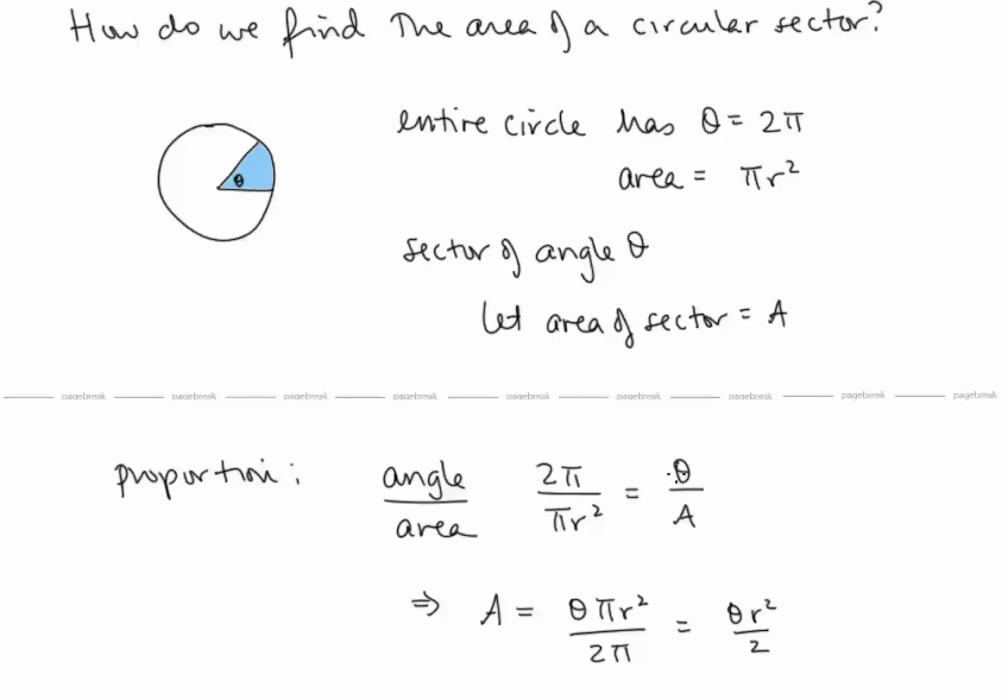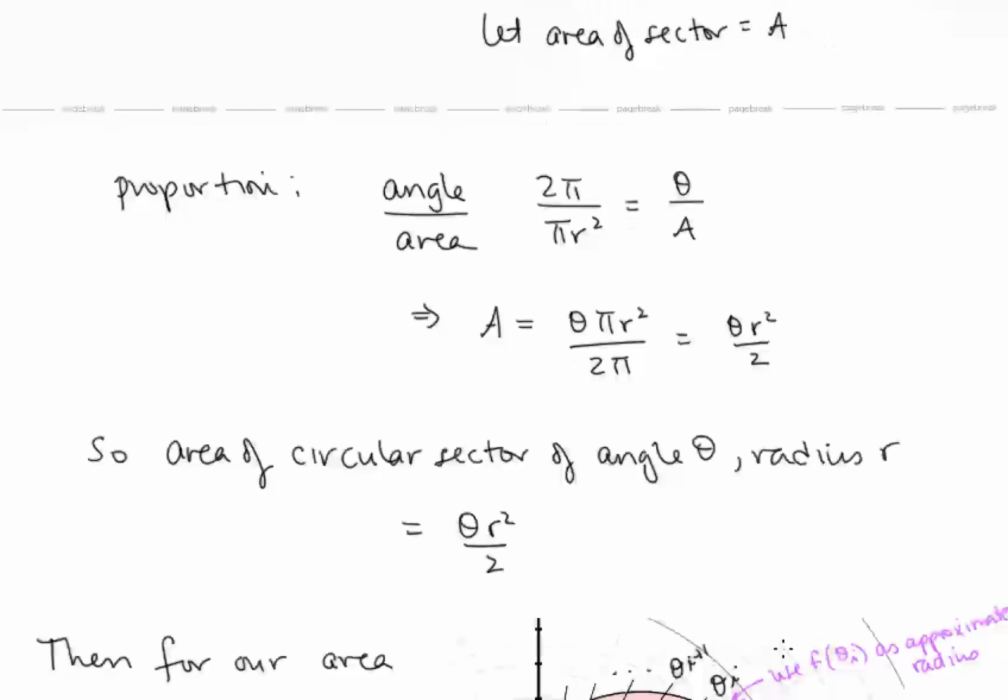For an angle of theta, we want to solve for this area A. Solving for A, we get A is equal to theta pi r squared over 2 pi, which simplifies to theta r squared over 2. So for a circle of radius r, the area of the sector of angle theta is theta r squared over 2. Let's see how we can use that.